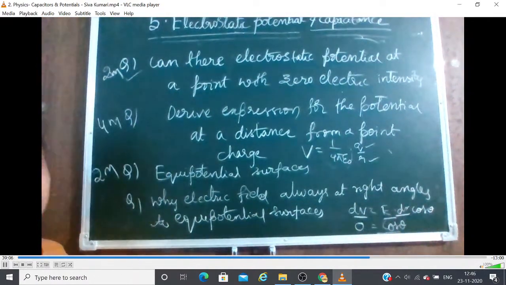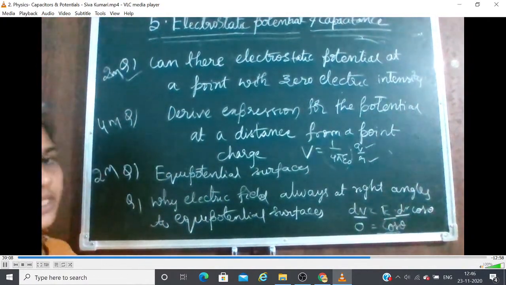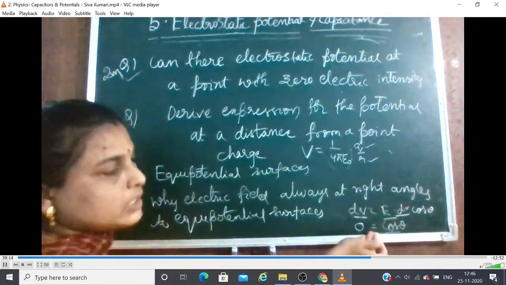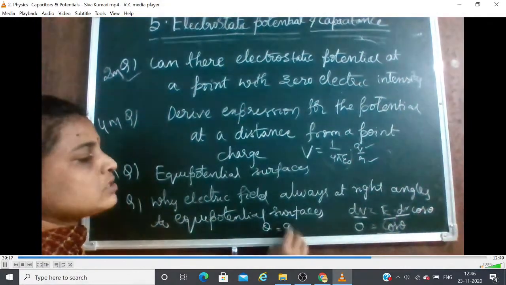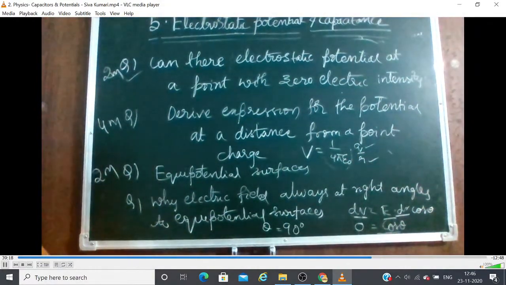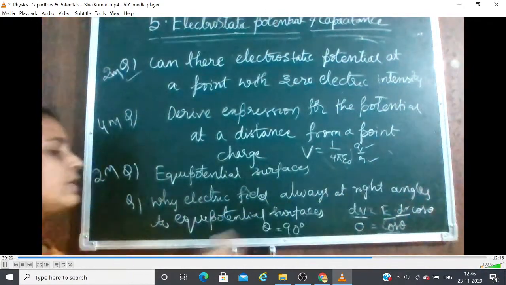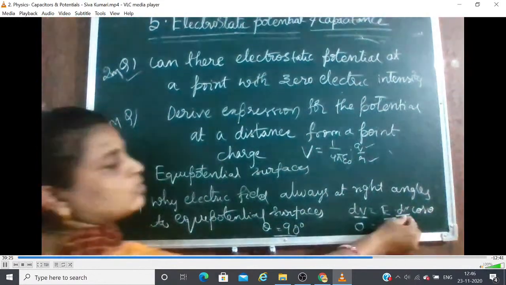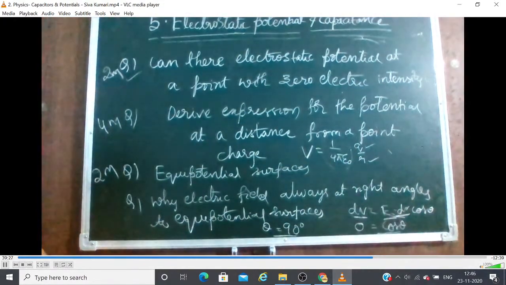Cos theta is equal to 0. The electric field intensity is present, but for the equipotential surfaces the difference in the potentials is 0. So cos theta is equal to 0, so theta is equal to 90 degrees. So we can prove that the electric field is always at right angles to the equipotential surfaces.